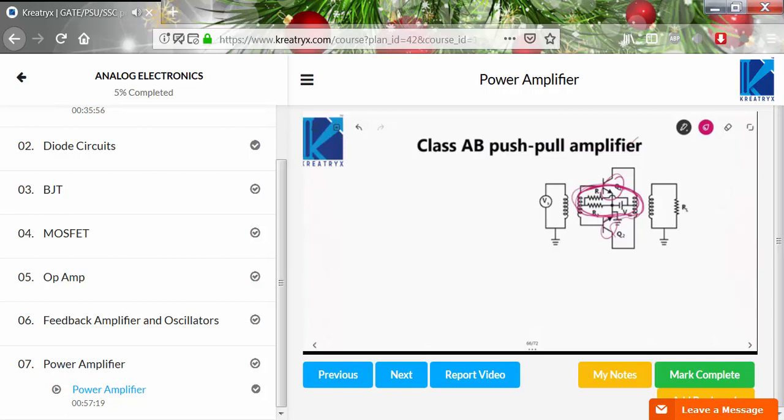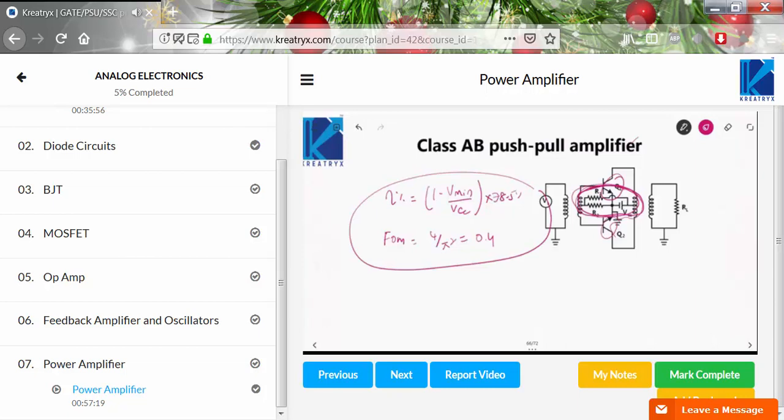Coming to the efficiency and figure of merit, everything is the same. Efficiency is nothing but 1 minus V minimum by VCC into 78.5. Figure of merit is also 4 by pi square, that is 0.4.